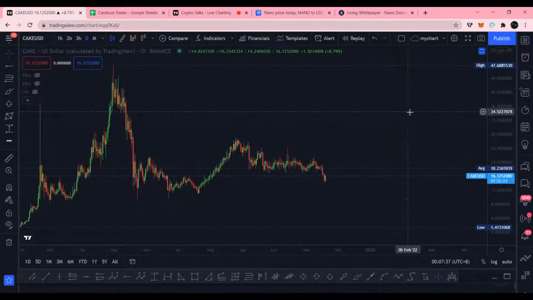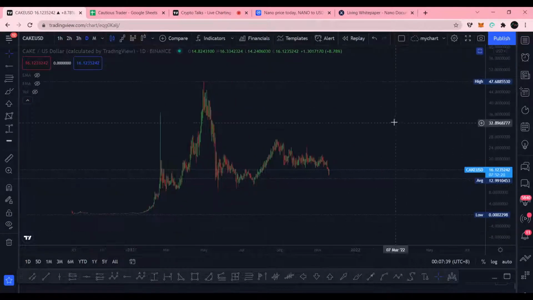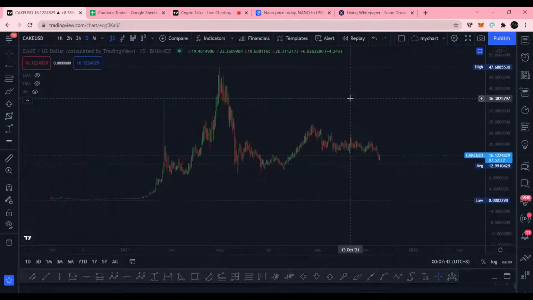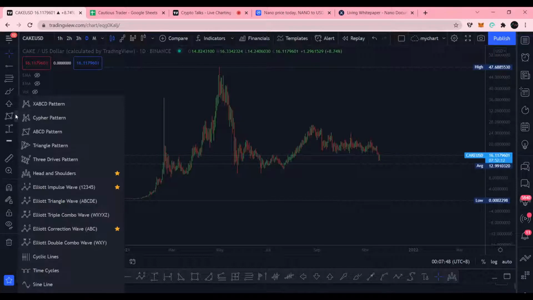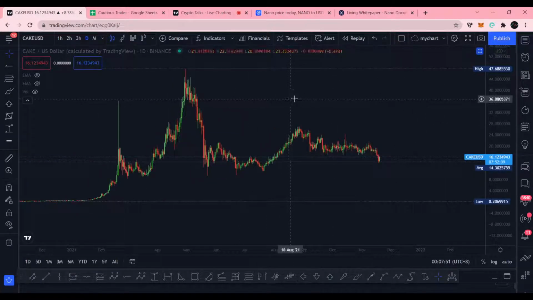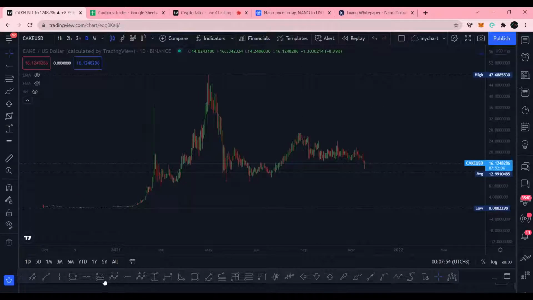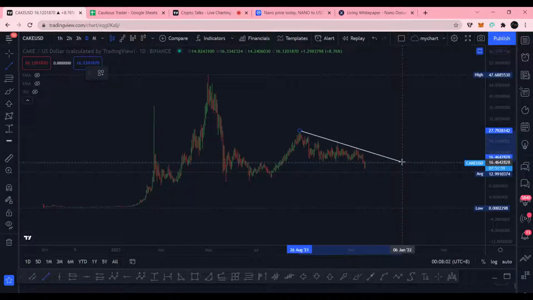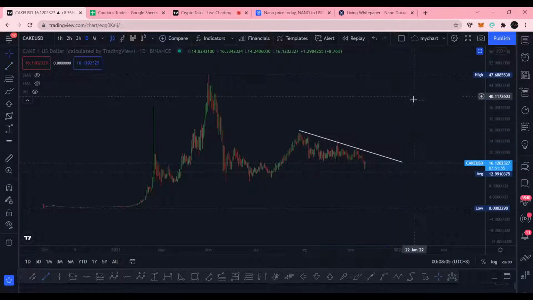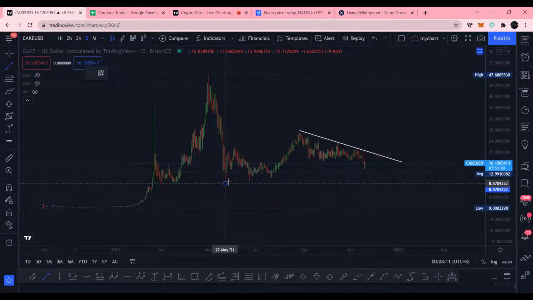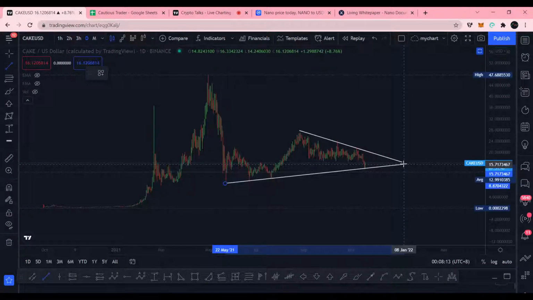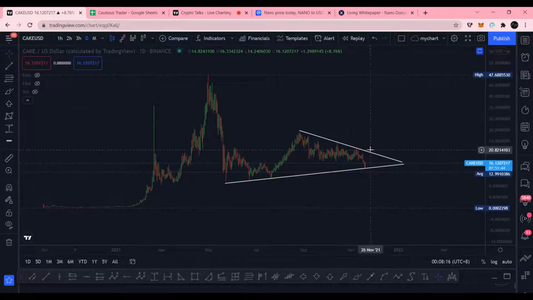So, what happened here on Cake? Here, it has support.